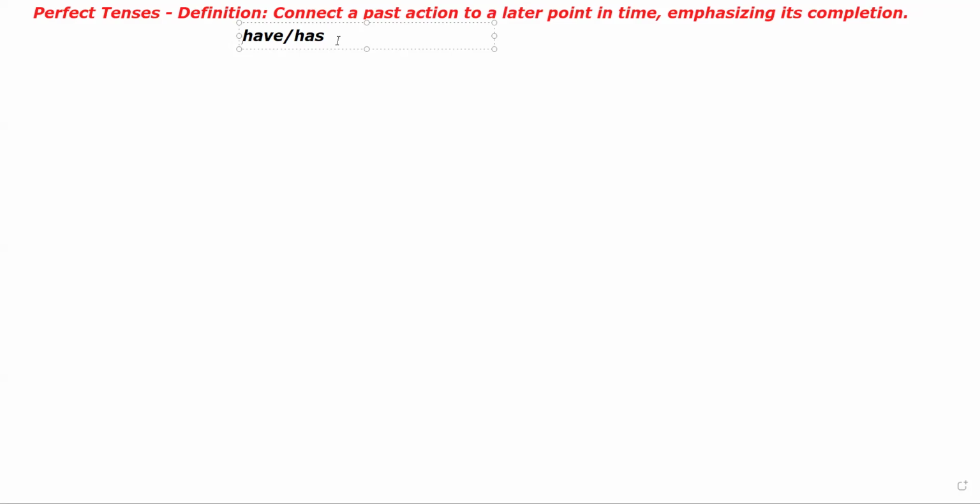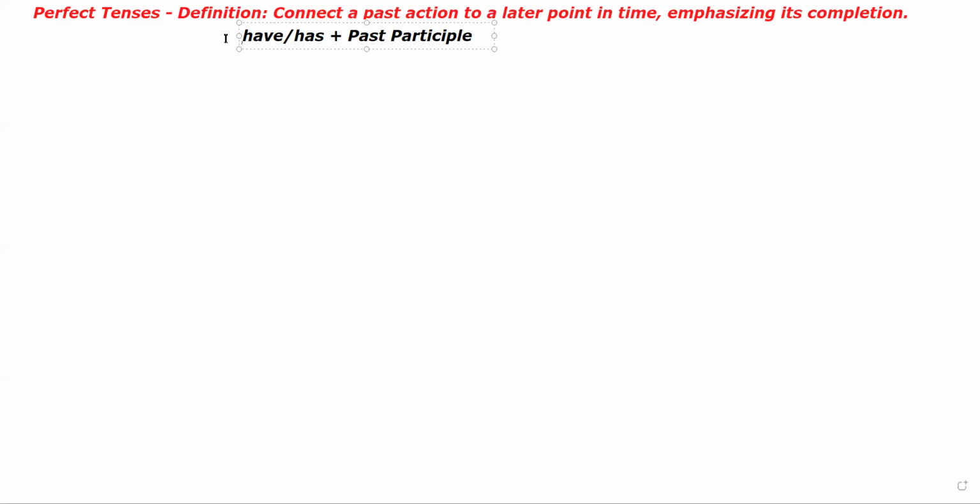What is an auxiliary verb? An auxiliary verb is a verb that helps another verb. So in other words, for have and has to be an auxiliary verb, we have to have another verb. We would say have, has, and then we need a verb in the past participle form. That's what it means.